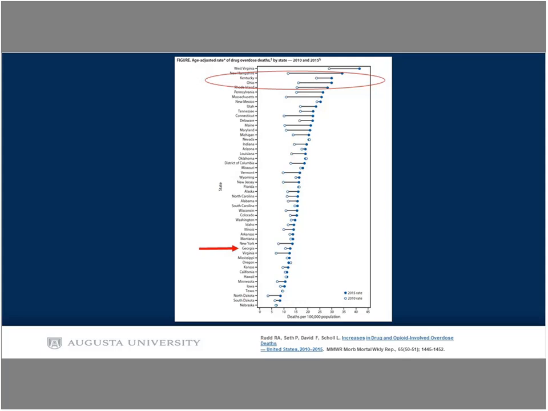And so what you'll see is up at the top, that tends to be the states that have been most heavily impacted, and those are heavily concentrated in the Appalachian region of the country, as well as up into the Northeast, so New Hampshire, Rhode Island, Massachusetts, etc. Again, if you look for your state, you'll see what the change has been for your state. I have an arrow pointing to Georgia, since that's where I'm from, and the increase has been relatively minimal in Georgia. Very fortunate.